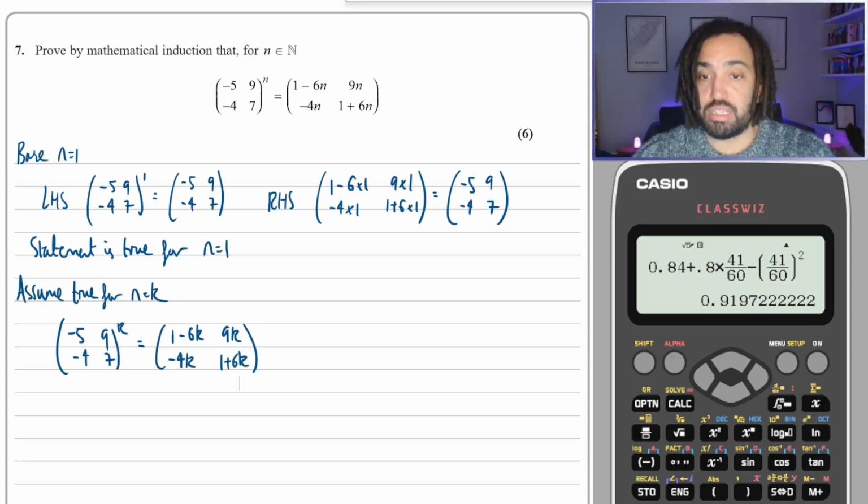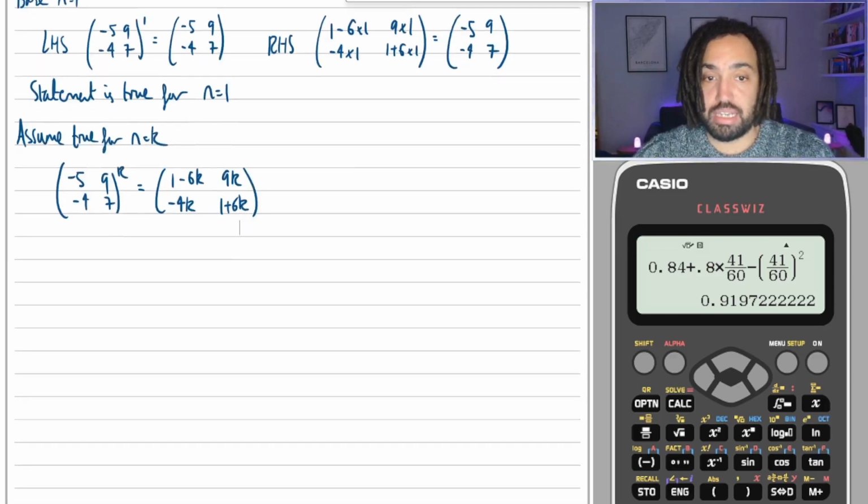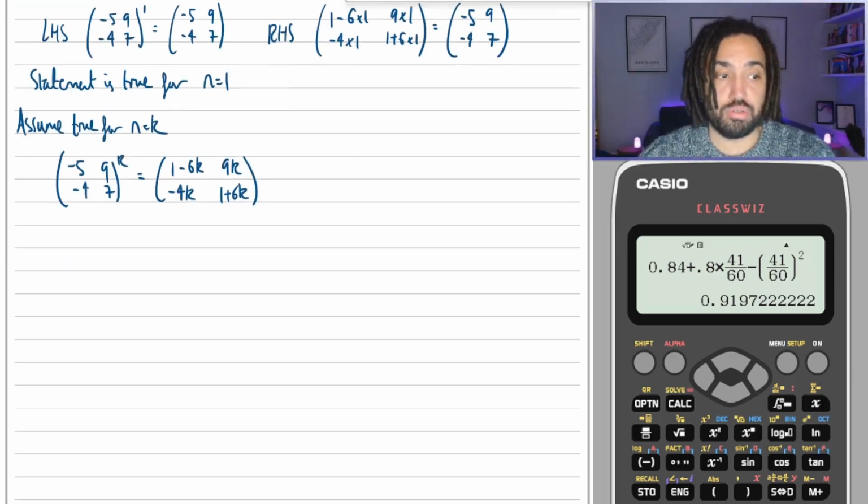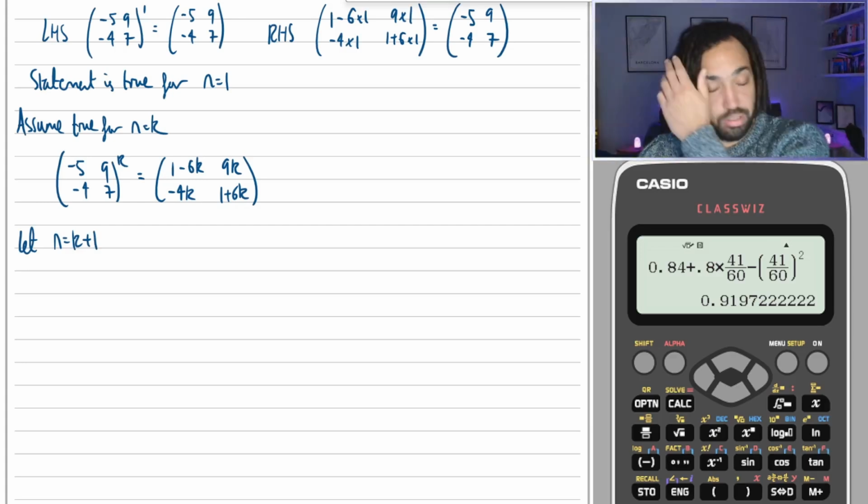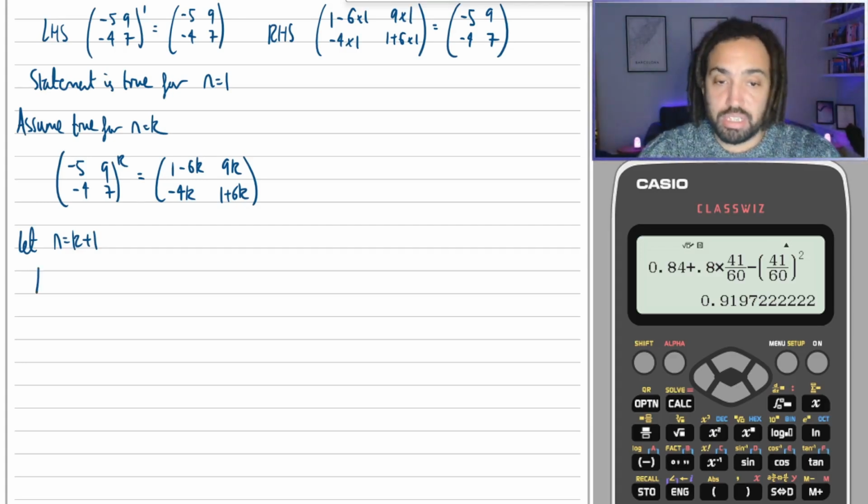Okay, great. And then the next step is to let n equal k plus 1, like so. And then we look at the left hand side. So the left hand side becomes [-5, 9; -4, 7] to the power of k plus 1.